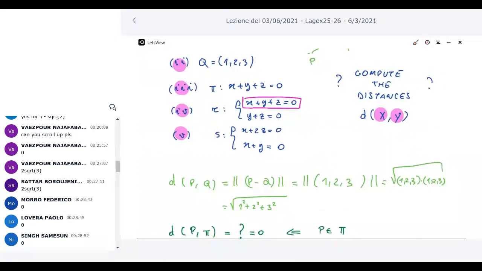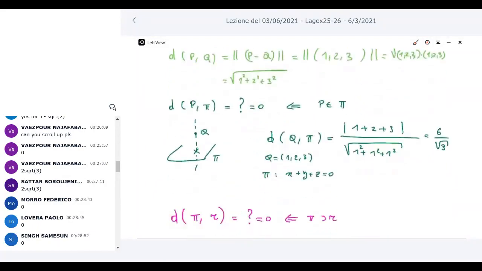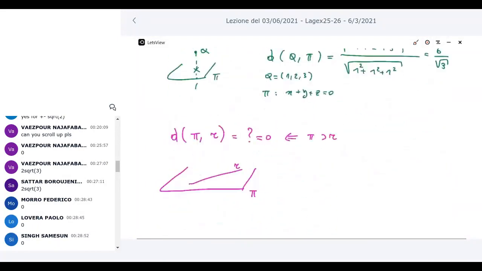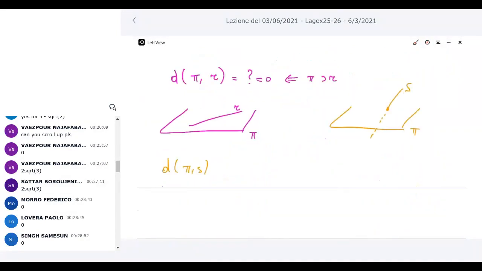However, how do you compute the distance between a plane and any line? So for example, suppose you want to compute the distance between pi and s. Well, what you have to do is see if the two intersect, or if they don't intersect, well, they must be parallel.